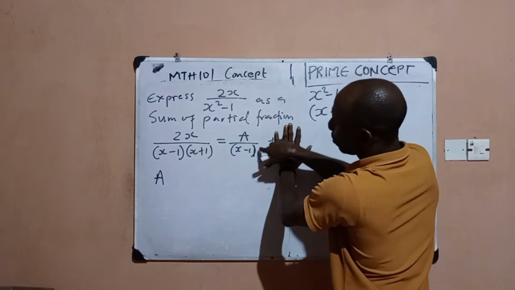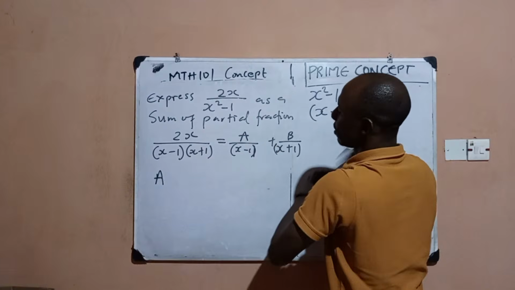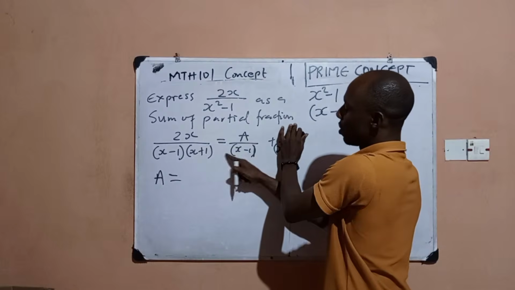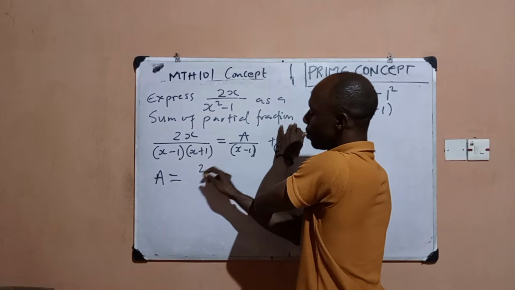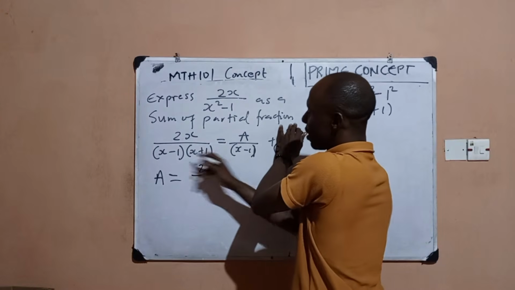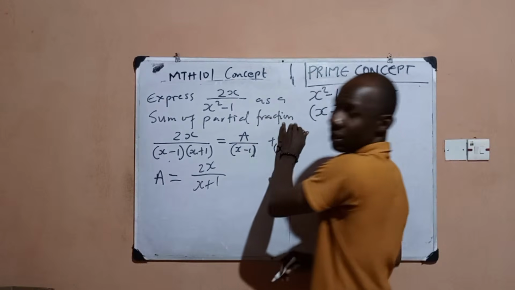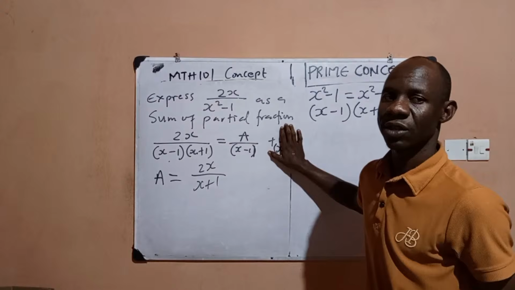What you are left with is only A, equal to 2x all over x plus 1. That's cover up. Cover up just says cover the one you are not interested in.